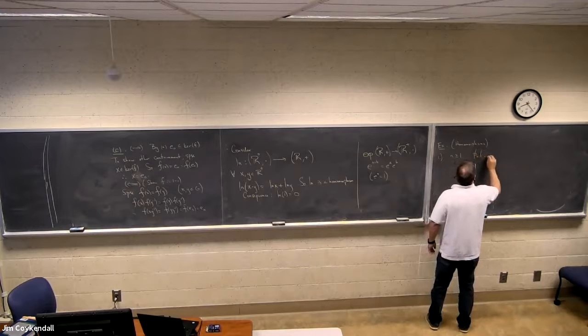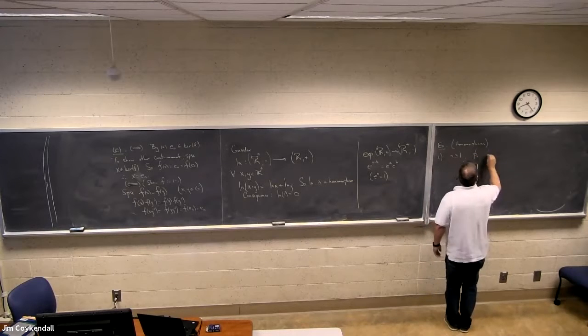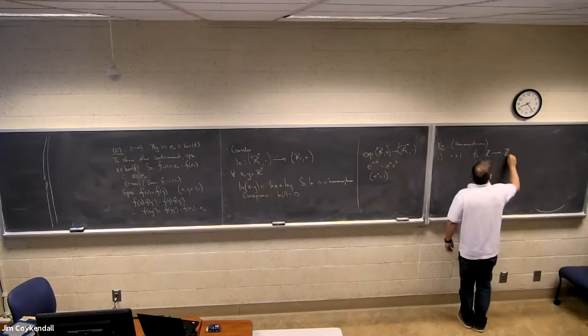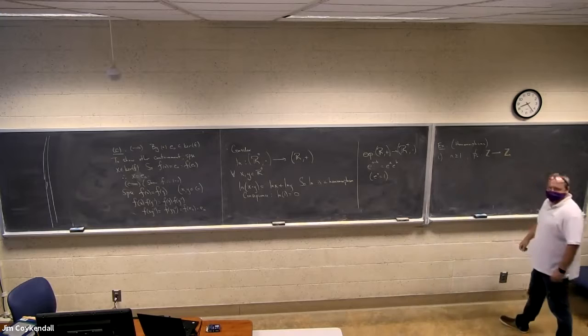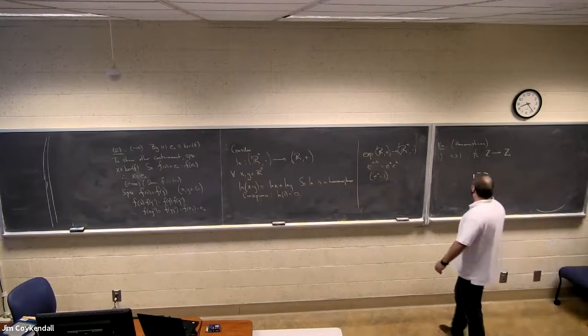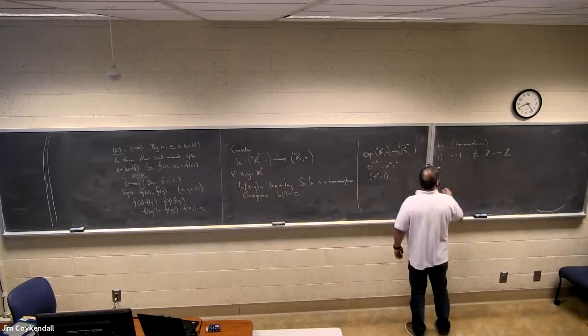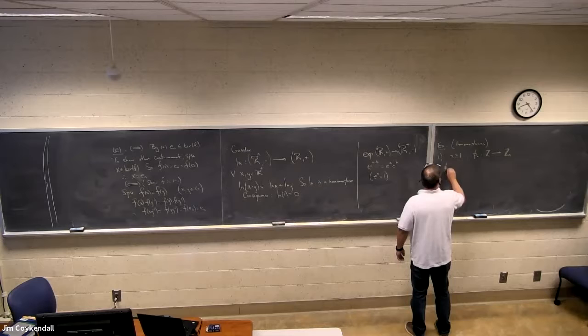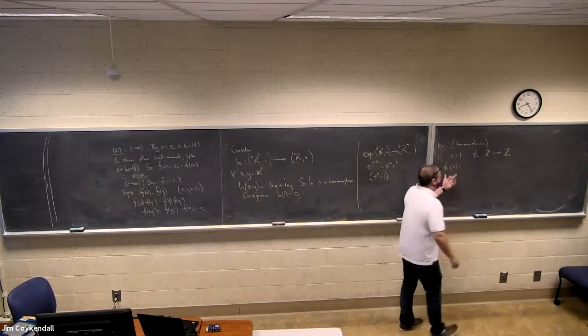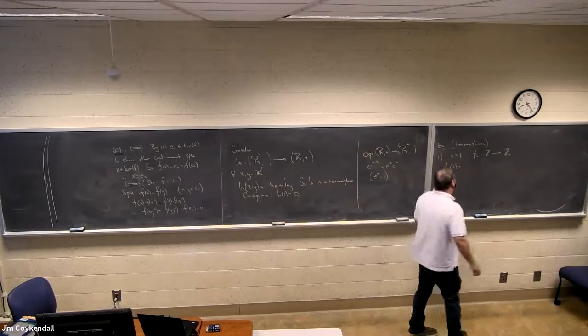Then consider Z to Z mod n, phi of k, take your favorite k, equals k bar.